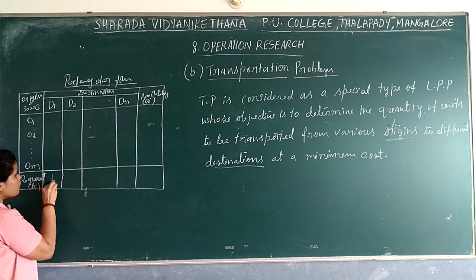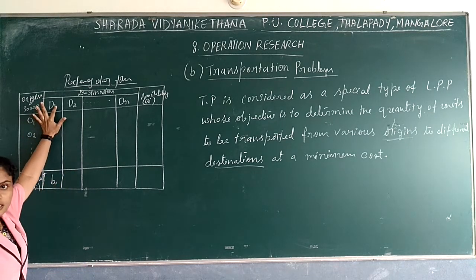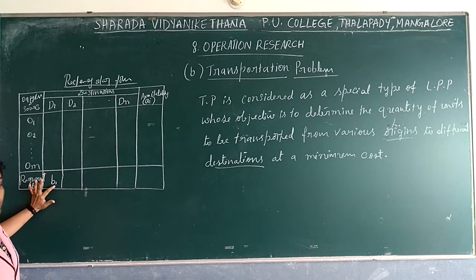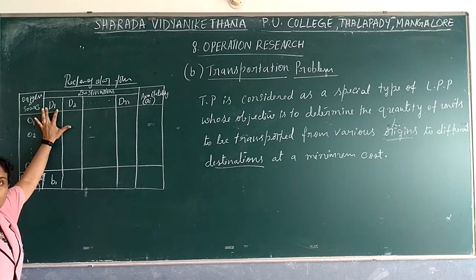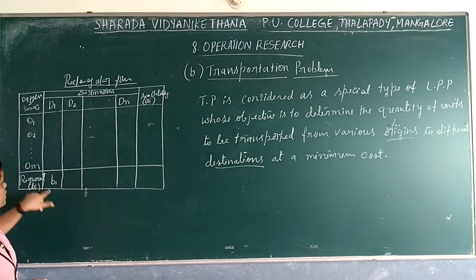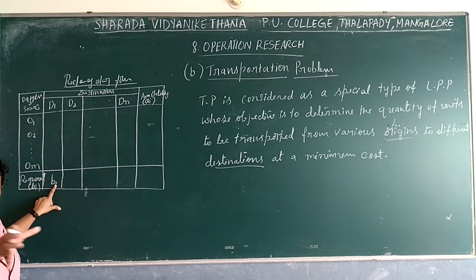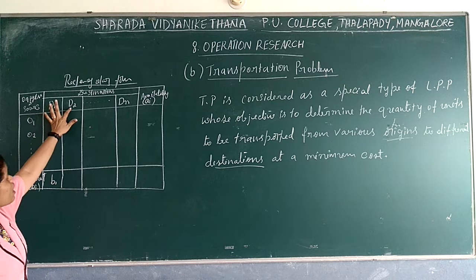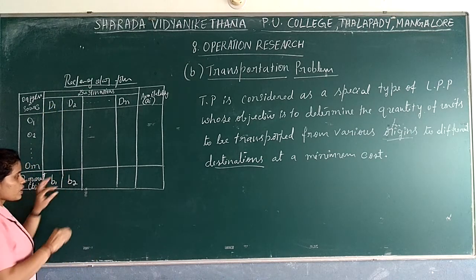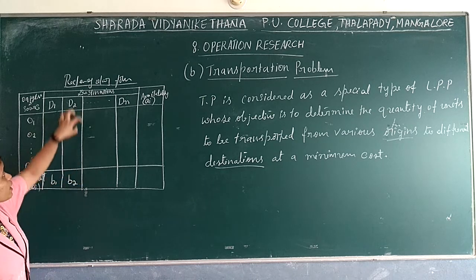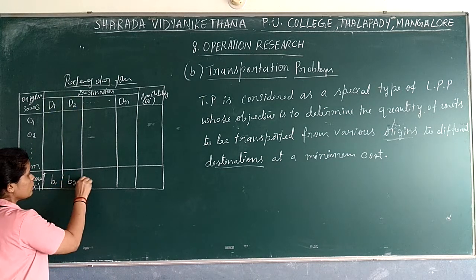So here B1 is the requirement in the first destination. What is the requirement of quantity in destination 1, or in one particular retail shop? These many units of something are required. Now in the second retail shop, what is the requirement? B2. These many quantities of goods are required for this particular shop.